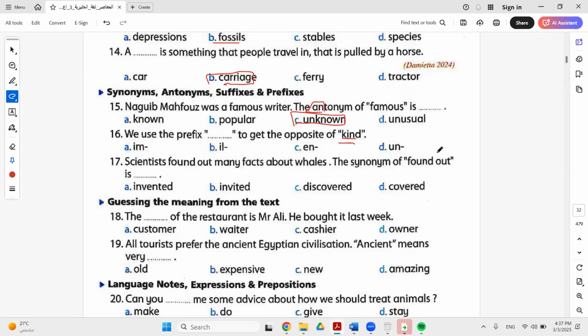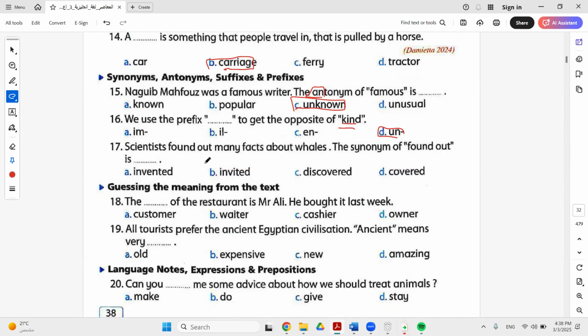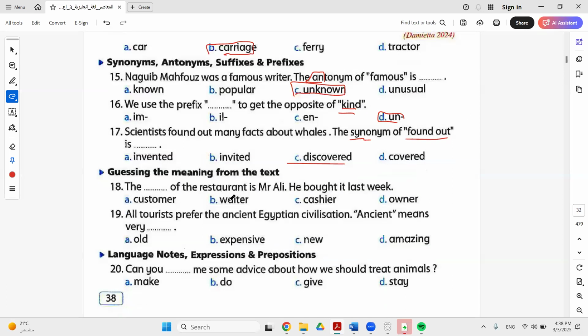Unkind. Yeah, unkind. Scientists found out many facts about whales. The synonym of found out. Discovered. Discover, yeah. Find out means to discover something.